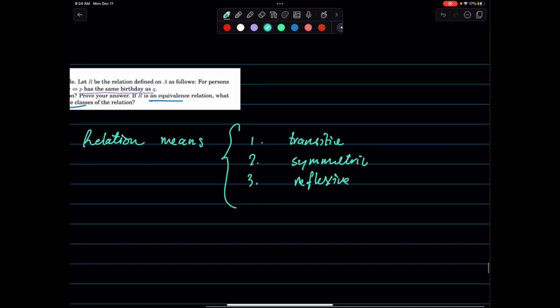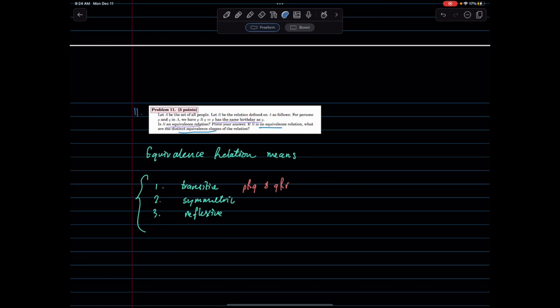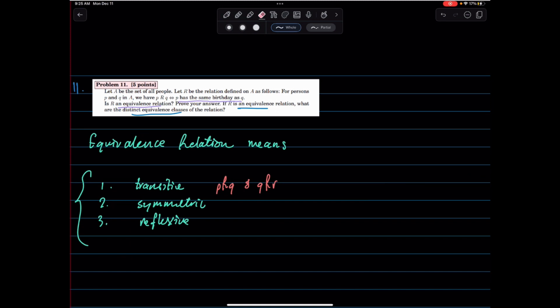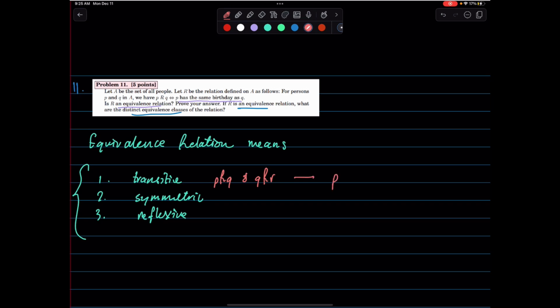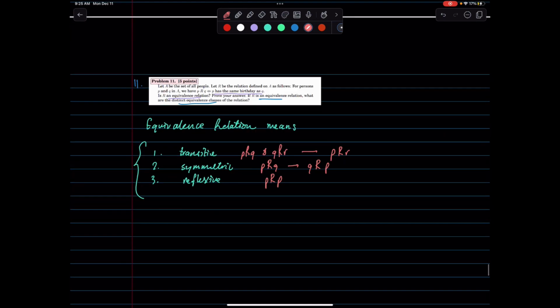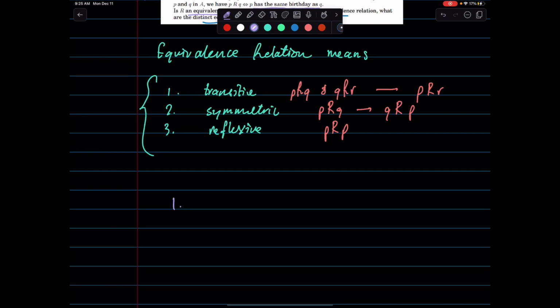So this means that if we have PRQ and QRR, then PRR. Symmetric means PRQ implies QRP. And reflexive means this is true always. Alright, so let's prove these. Let's see if this thing is an equivalence relation or not.